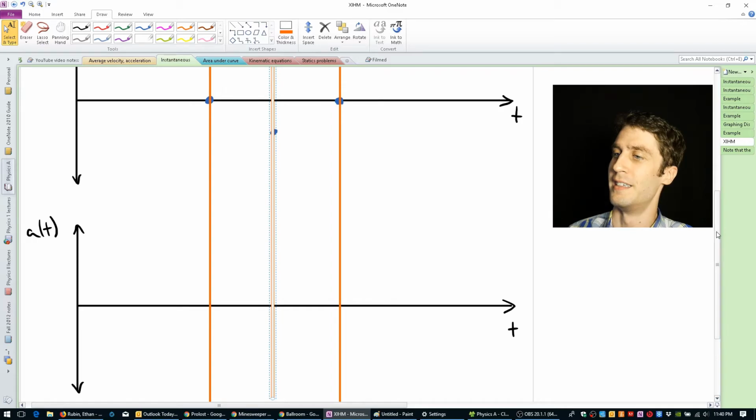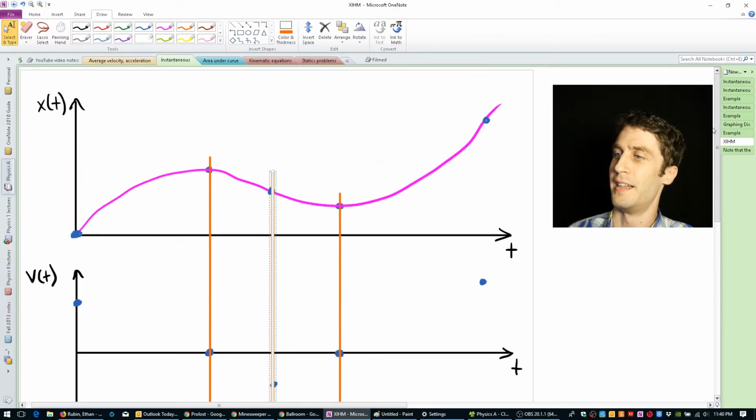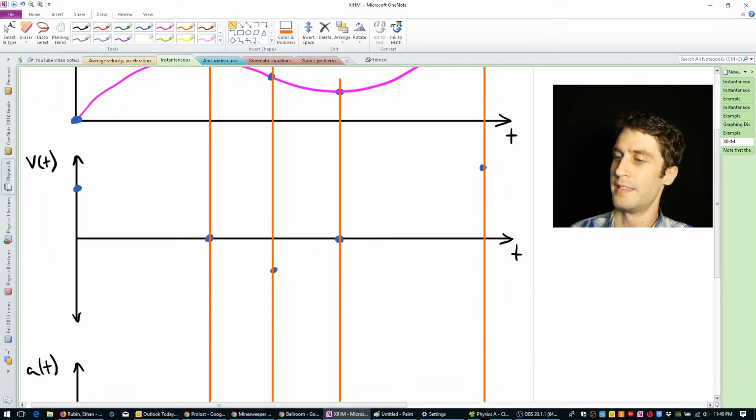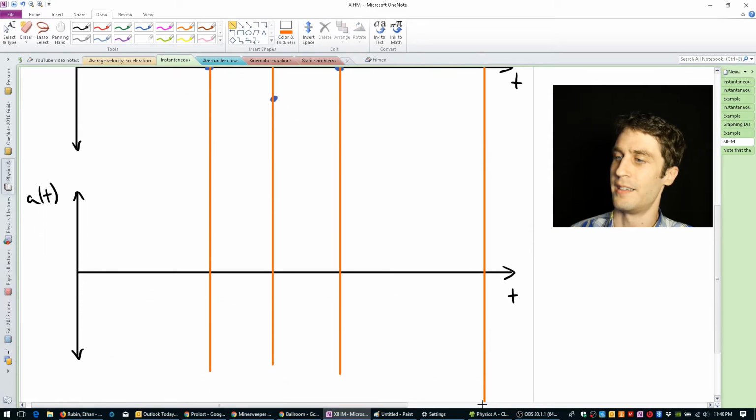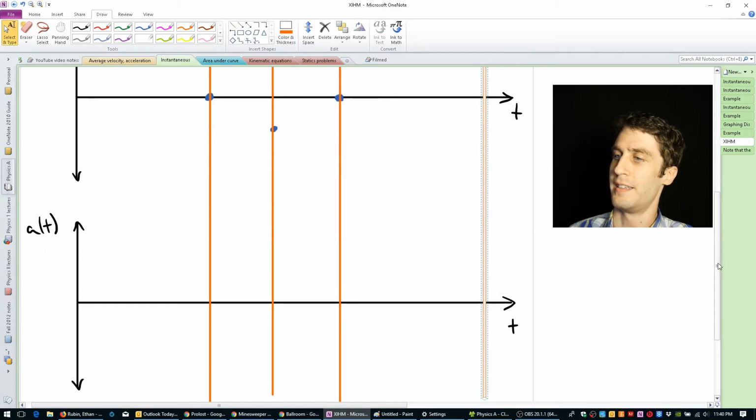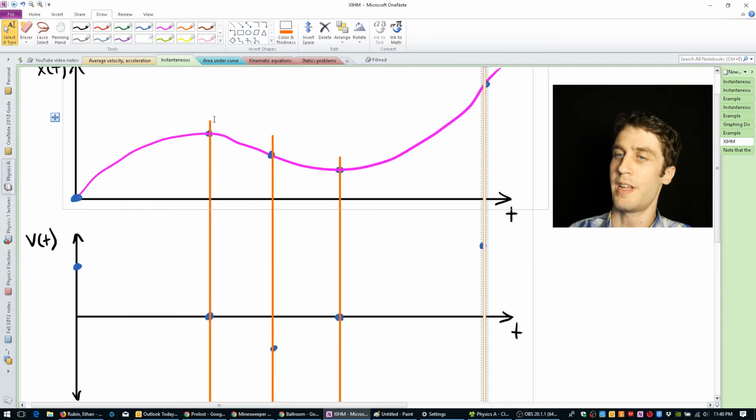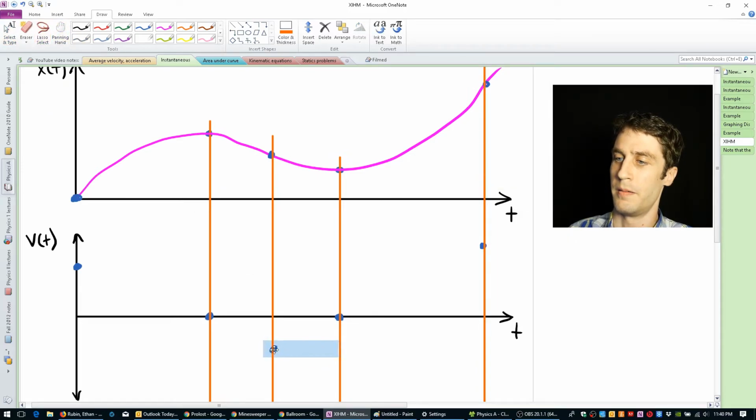So this will help you, I think, a little bit to produce this graph.